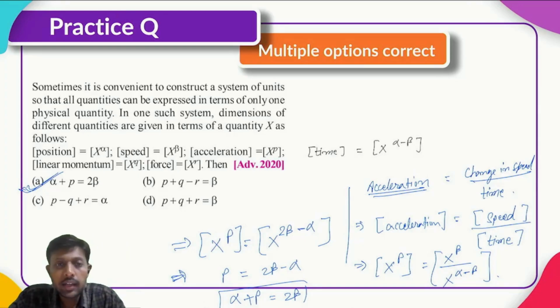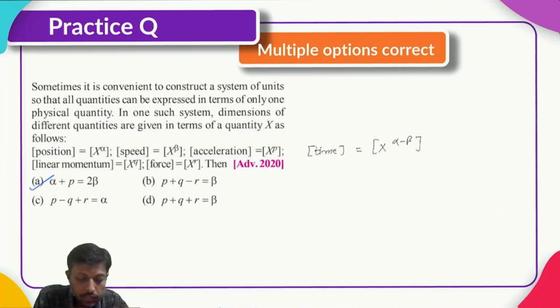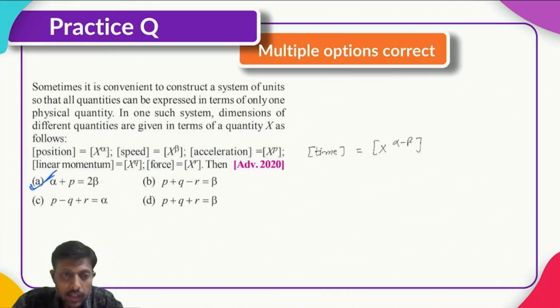Similarly, we relate linear momentum to all these variables. We relate force to all the other variables and see what we are getting. So we've seen that this relation is definitely correct. Let's relate linear momentum to these quantities.